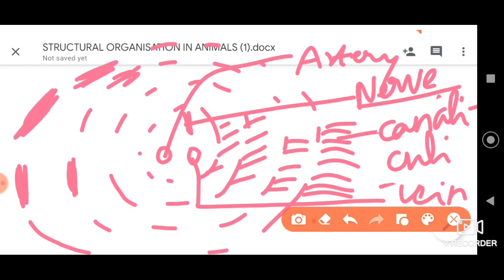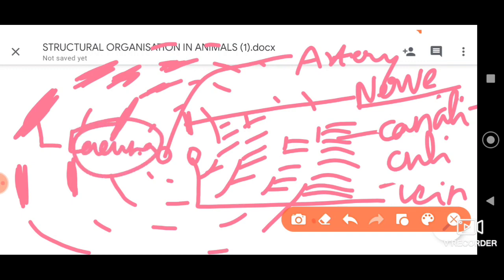All these are called the lacuna with osteocyte. We studied lacuna with respect to cartilage, a fluid-filled structure called lacuna, inside which the cartilage cells called chondroblasts were present. In the lacuna here we can find the bone cells. The bone cells are called osteocytes or osteoblasts also, dear students.